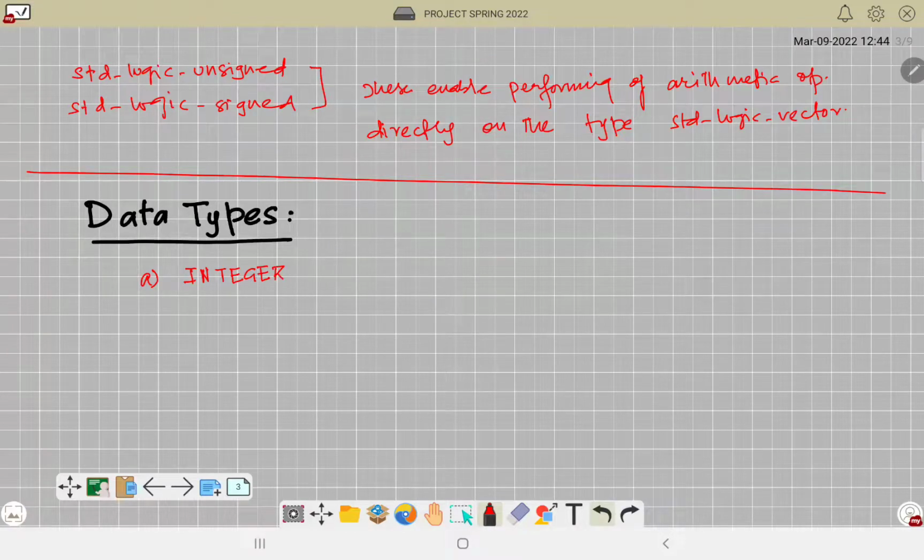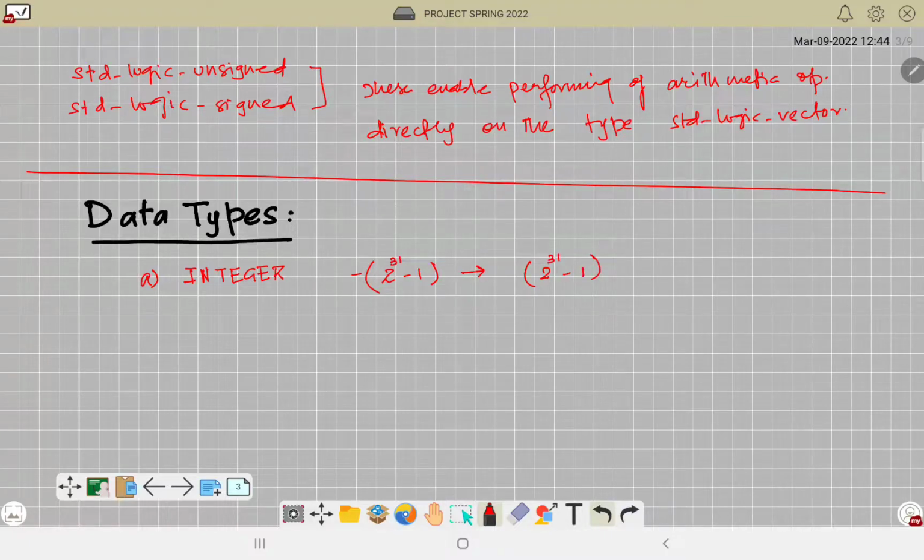Fine. और जो आपका VHDL है, it supports integer values in the range from -2 raised power 31 -1 to 2 raised power 31 -1.